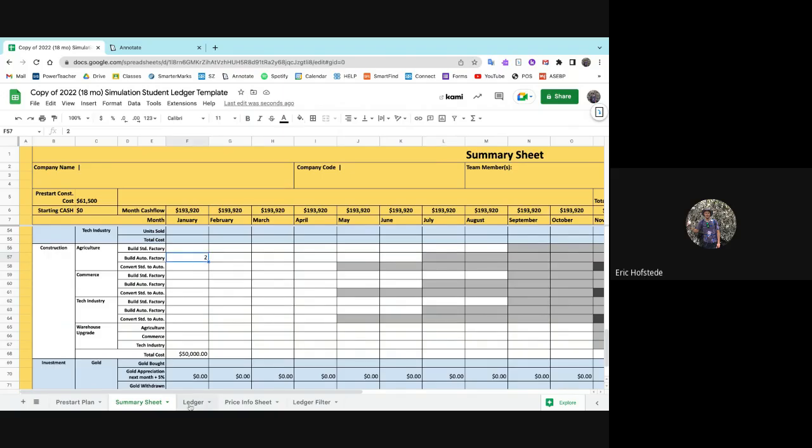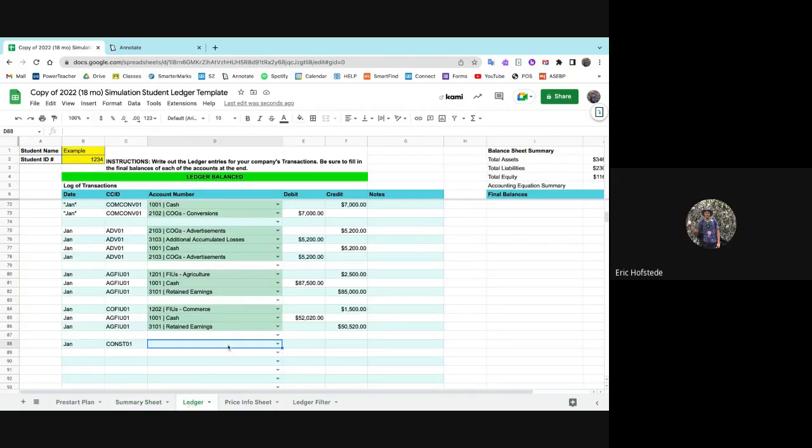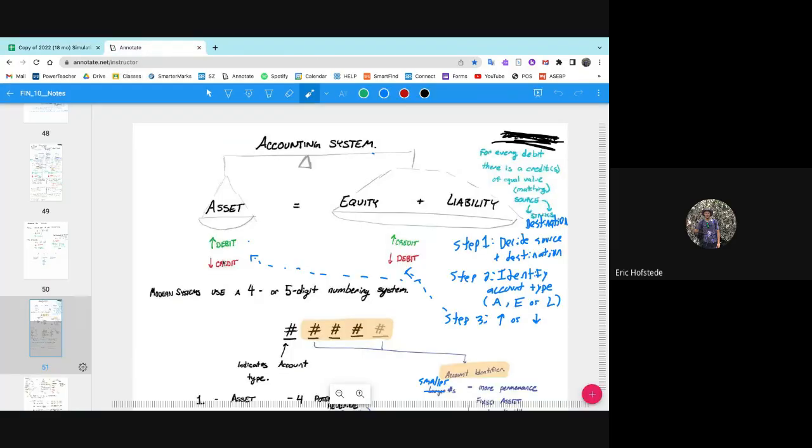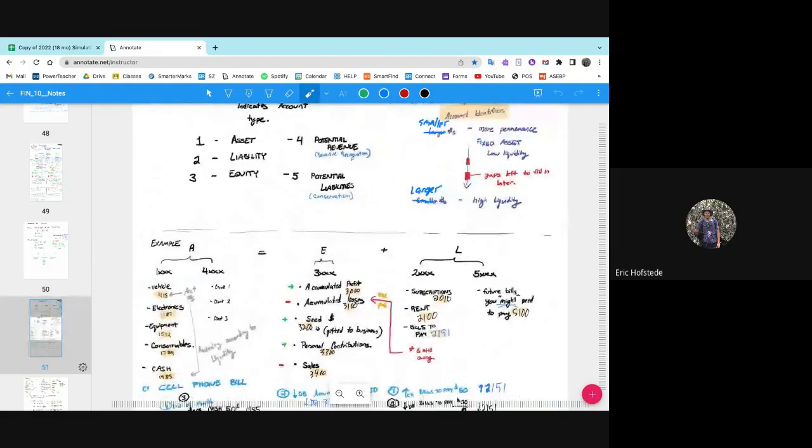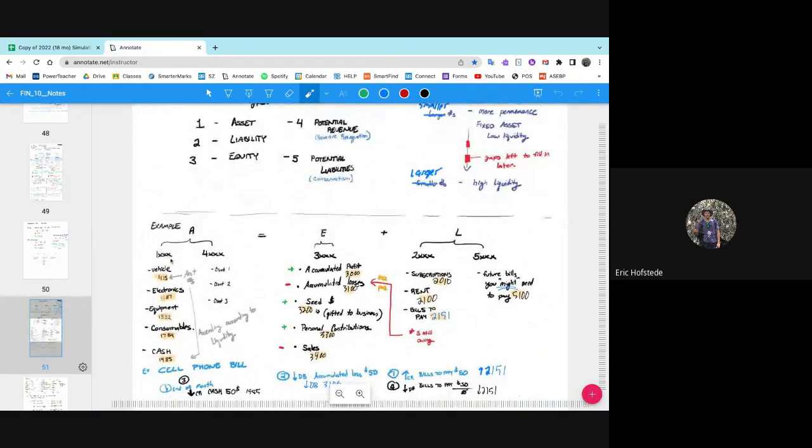So because I don't actually receive the asset yet, I'm actually going to put this construction cost into an accounts receivable. All right, accounts receivable are these future asset accounts. So under our assets, we either have numbers starting with 1, those are current assets, or numbers starting with 4, those are future assets.